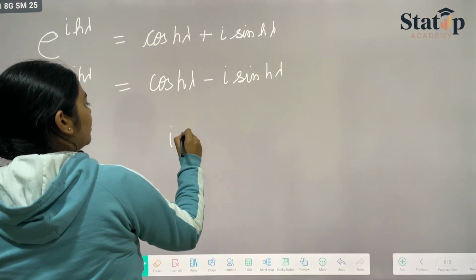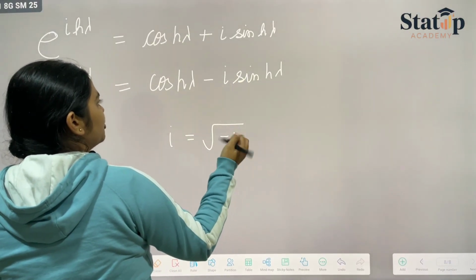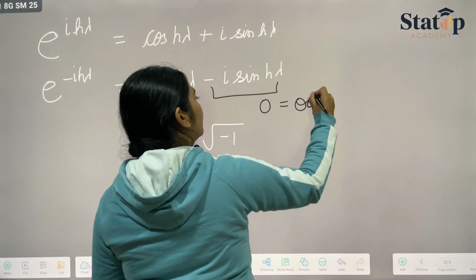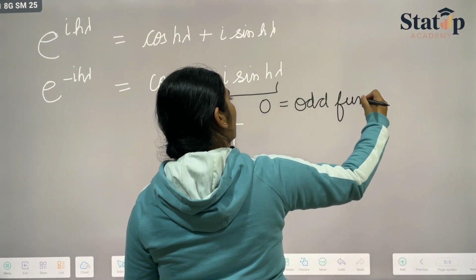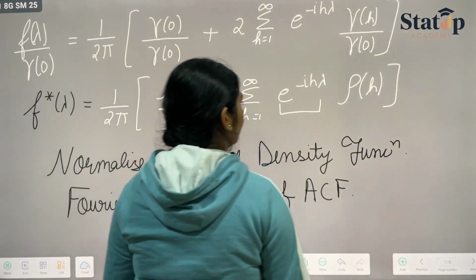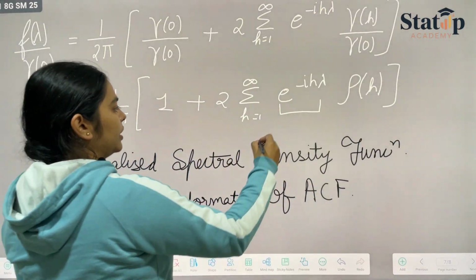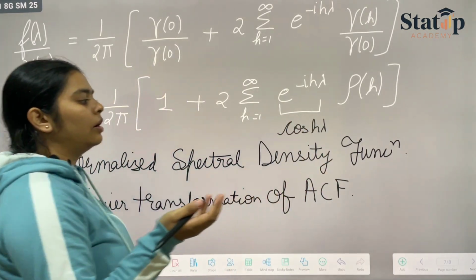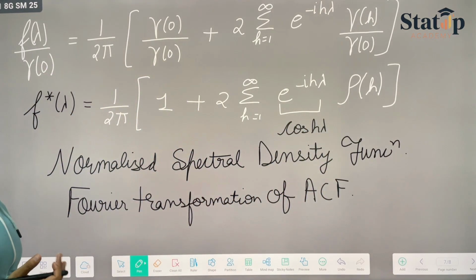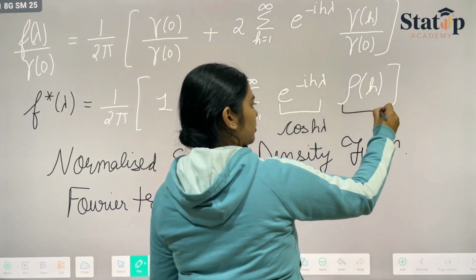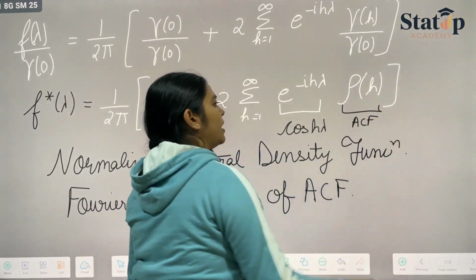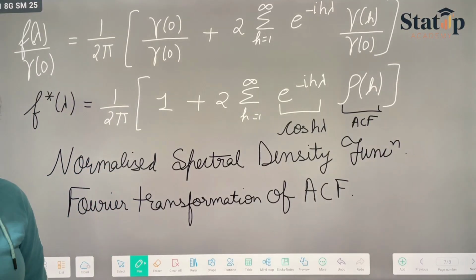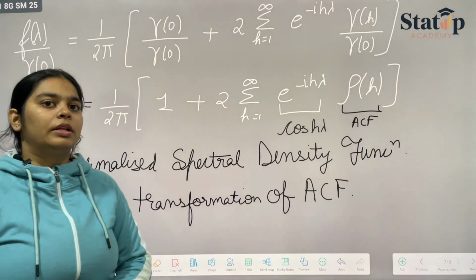Now, I is nothing but under root of minus 1, which is imaginary number. And this becomes 0 because it is an odd function. Therefore, we just take cos here. So this also can be written as cos h lambda, which is the Fourier transformation of autocorrelation function. And hence the definition that the spectral density function is the Fourier transformation of the autocorrelation function.